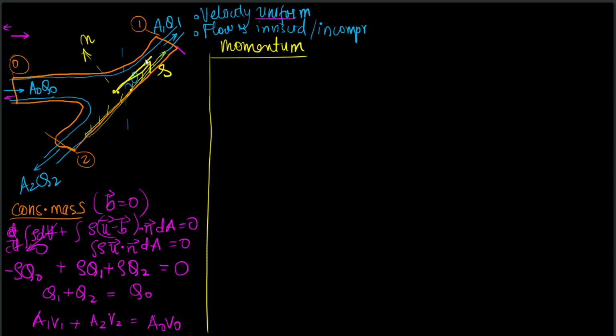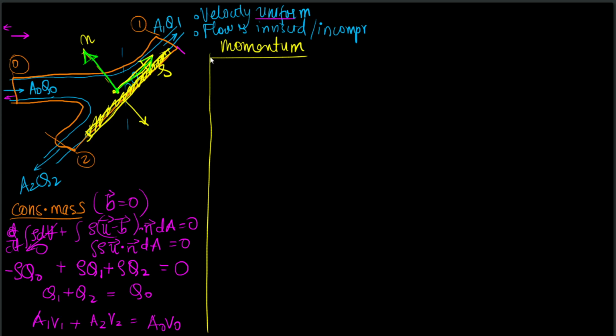So we want to balance the momentum in the stream direction so that we can get a thrust on the plate. So this is the plate. We are more interested in the momentum equation in the n and in the s direction.